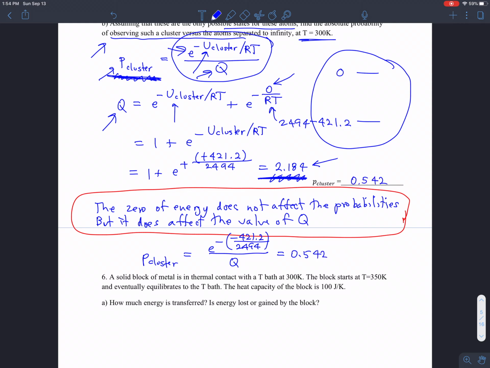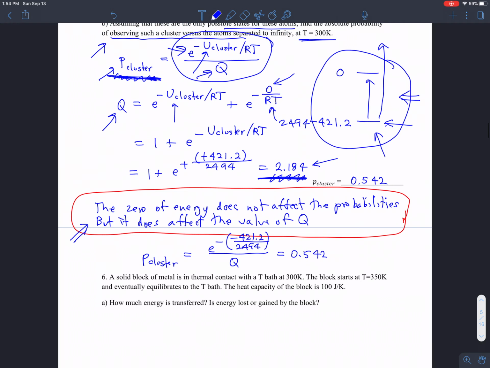And just to reassure everybody, I did this calculation using the other way of assigning the zero of energy before, and got the same answer. So that's one practical demonstration that what I'm saying here is correct. If this matter confuses you, then the safest thing to do is always choose the zero of energy to be on the lowest state, and make all the other energies equal to differences from that lower energy. I hope that's clear.